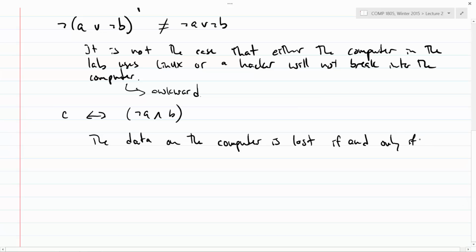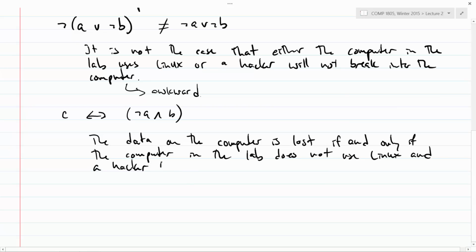If and only if the computer in the lab does not use Linux and a hacker breaks into it. All right? All right. Let's start doing a few translations in the other direction now.